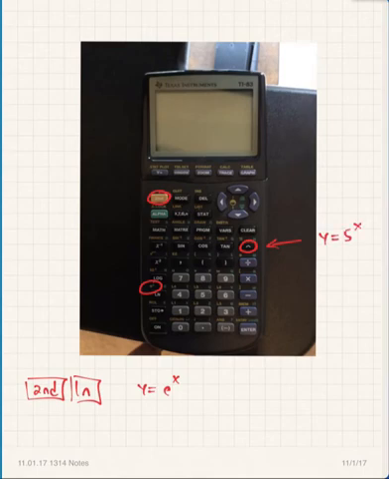In the y equals screen, you would just hit 5, first of all, and then the caret symbol, that's called the caret symbol, and then the x. Right? And that's how you'd enter 5 to the x. So on your calculator, it would look like this. All right, so those are the important keys when you have exponential functions, and we'll talk more about some other things that we'll need later.